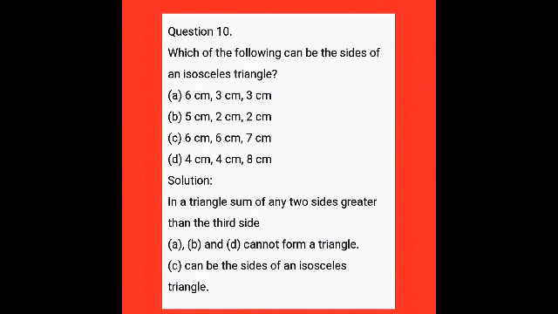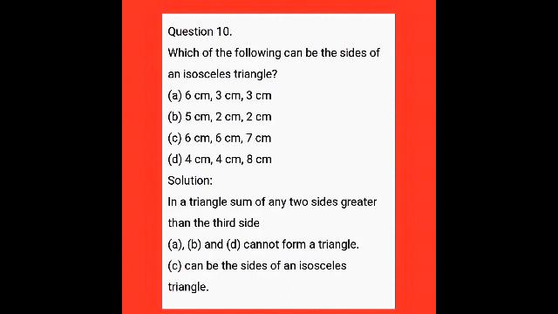We have the triangle inequality property: the sum of any two smaller sides should be greater than the third side. According to that property, A, B and D cannot form a triangle. C can form a triangle.